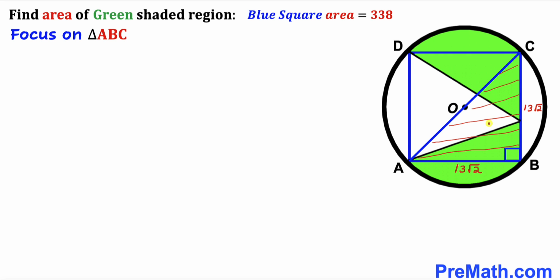And now let's focus on this right triangle ABC, whose side lengths are 13 times square root of 2, 13 times square root of 2, and this side AC is unknown. So we are going to apply the Pythagorean theorem to calculate this side AC.